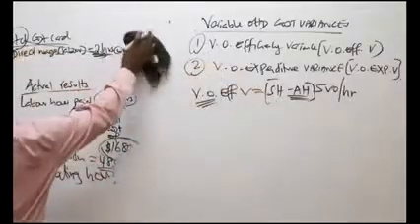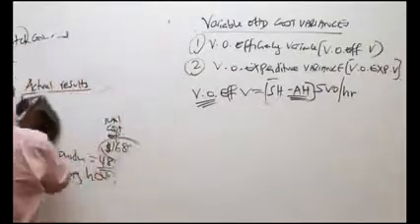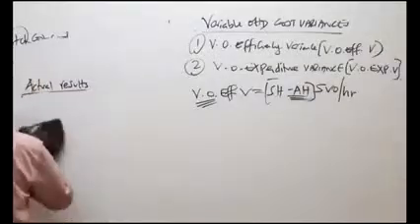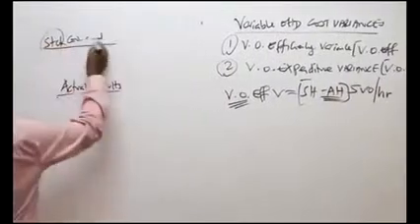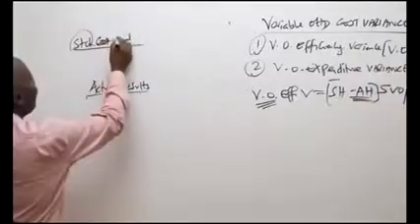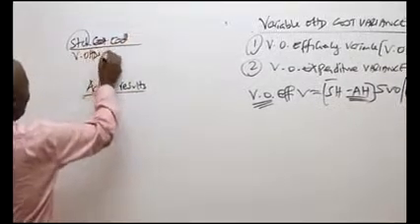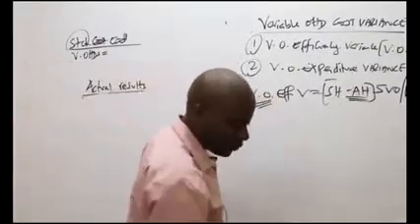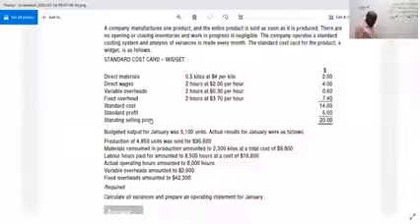So now we are looking at variable overheads one at a time. Go to that particular place in the question where they make reference to variable overheads. What do we have there?